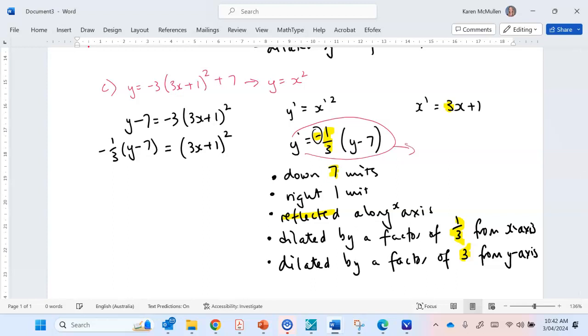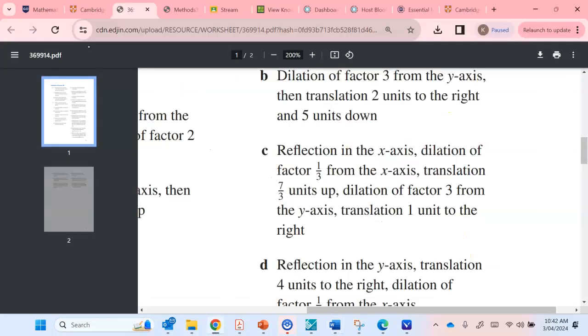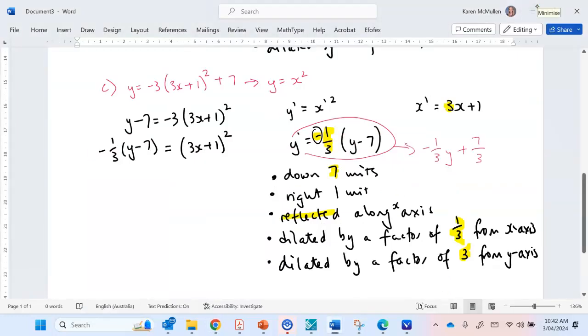So if I was to expand that, I would get -1/3 y plus 7/3. So there you can see our reflection again, we've got the same dilation, but instead of going down 7 units, we're going up 7/3. So it's the same graph. You're just saying the translations differently.